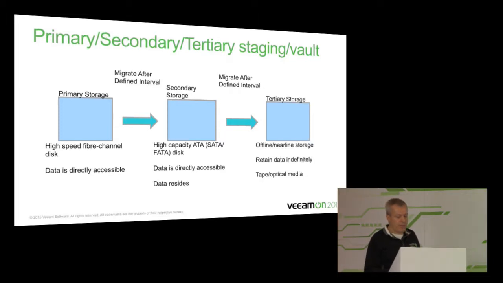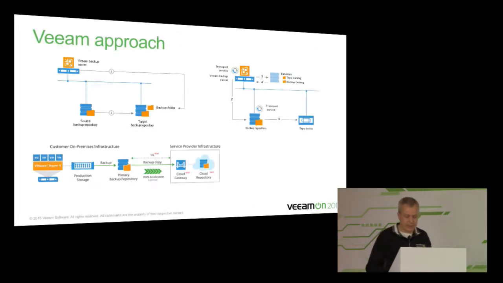From this point of view, Veeam, for example, can handle this kind of movement in several ways. The first, from primary to a secondary target, a destination target, is simple; it is the common way Veeam works. But you can also have a backup copy job where you can have different secondary targets where you can put your data after you have stored it in your backup target.